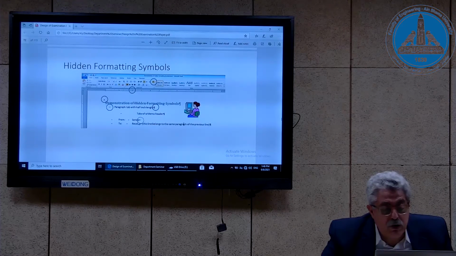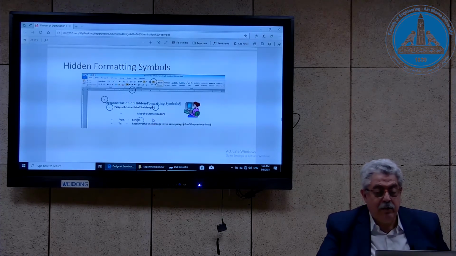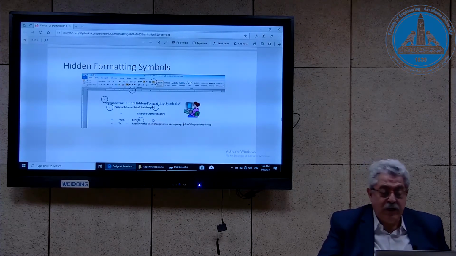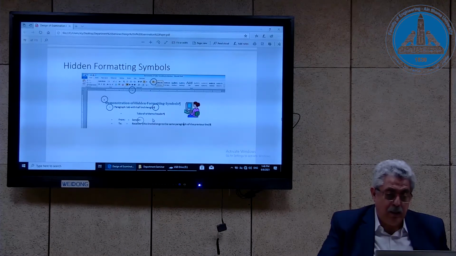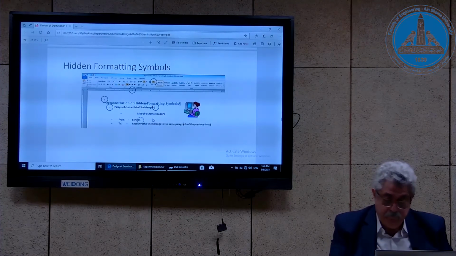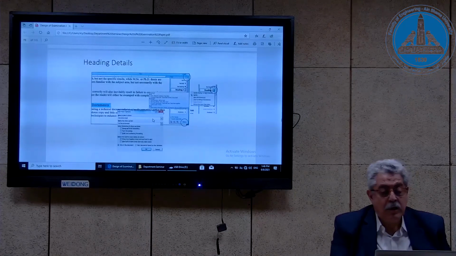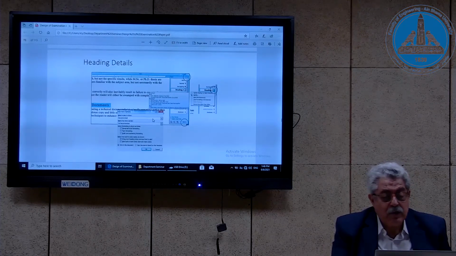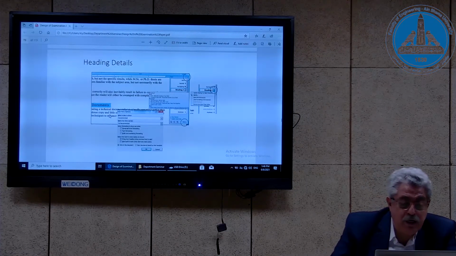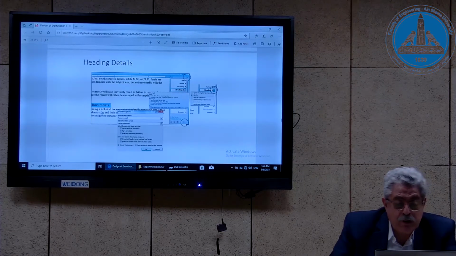This particular mark here is manual line end. We use them when we don't want the next line to be a paragraph. Heading details. Actually, this is a heading, and we can change a lot of the features of headings.